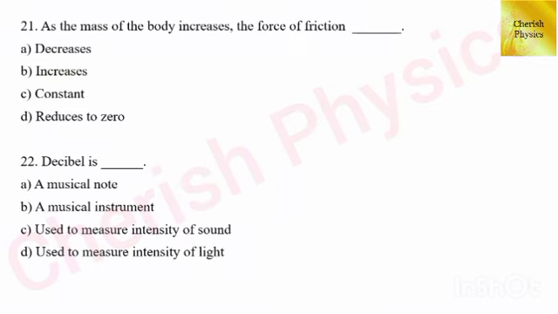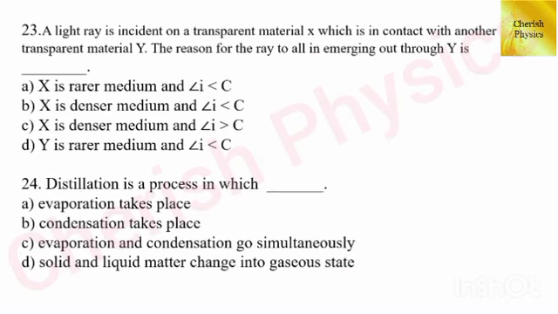21st question. As the mass of the body increases, the force of friction dash. The answer is option B, increases. 22nd question. Decibel is dash. The answer is used to measure the intensity of sound. 23rd question.